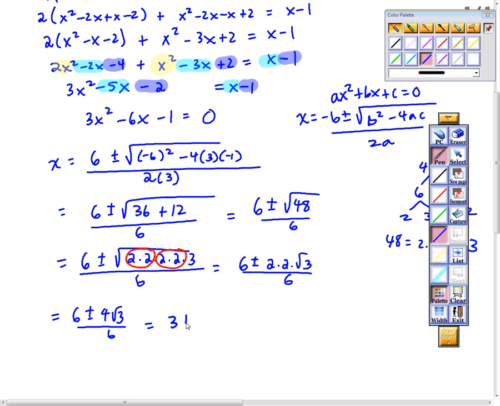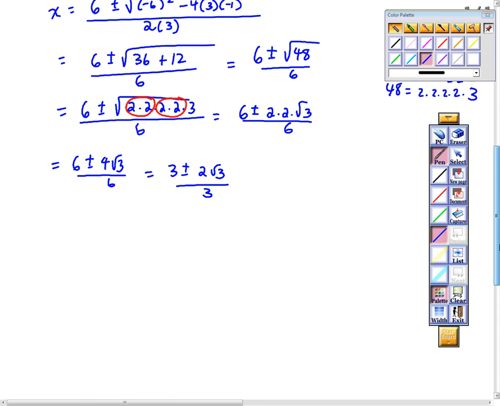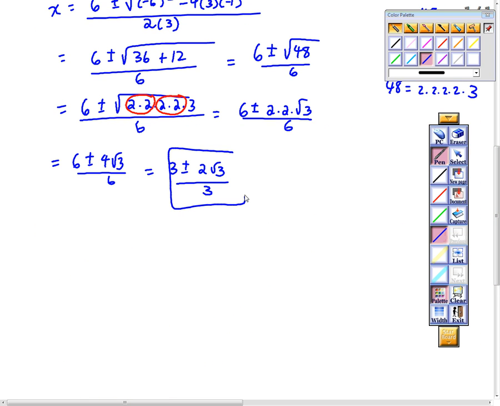So I get 3 plus or minus 2 root 3 over 3. And then we want to check and make sure that answer doesn't cause any problems. When we're looking here at the beginning, we see that x cannot be 1, x cannot be negative 1, and x cannot be 2. Because if I get any of those answers, I am dividing by 0. That's not the case here, so this is our answer.